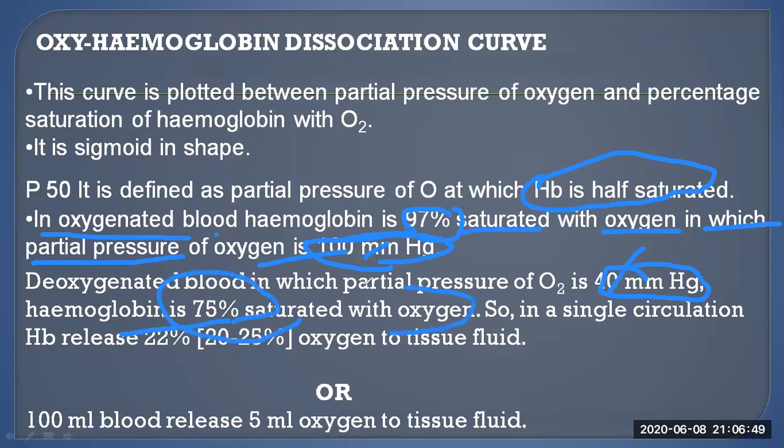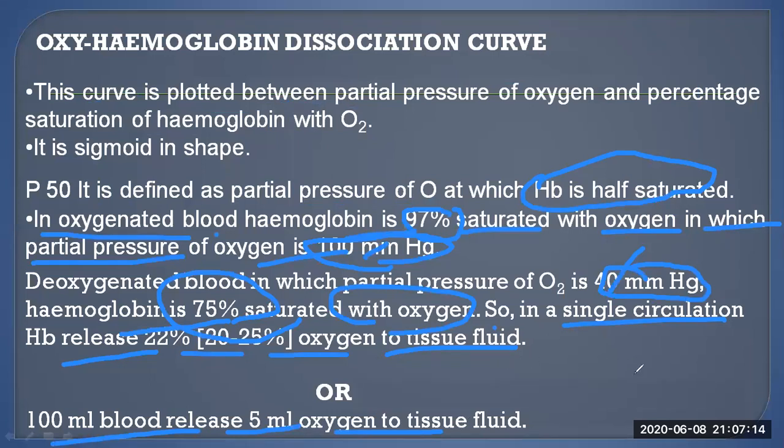So in a single circulation our hemoglobin releases 20 to 25% of its oxygen into the tissue. That means 100 ml of blood releases 5 ml of oxygen to the tissue fluid.